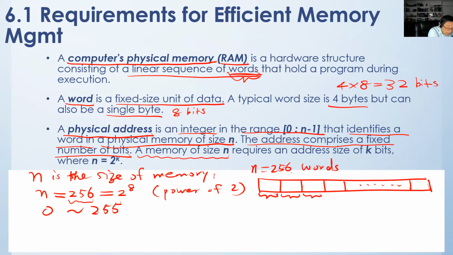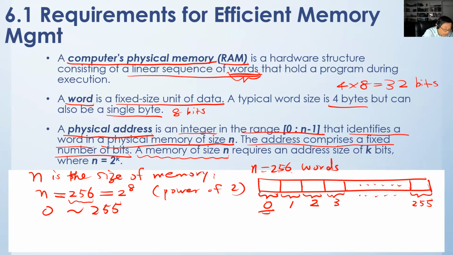Now, the memory address, the physical address, is the integer that represents the location of a word. The first word is at location 0, the second one is 1, then 2, and all the way to n of 256. The last one is going to be 255 because we start from 0.